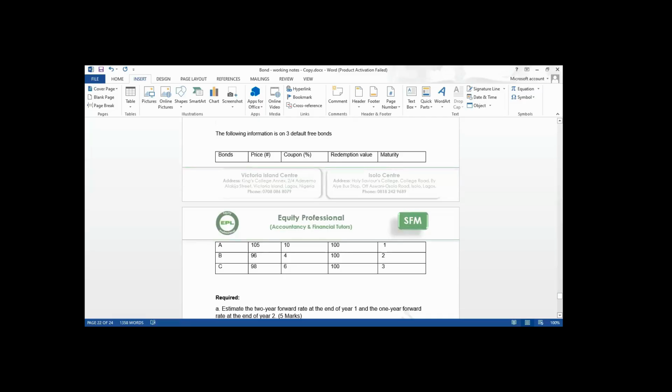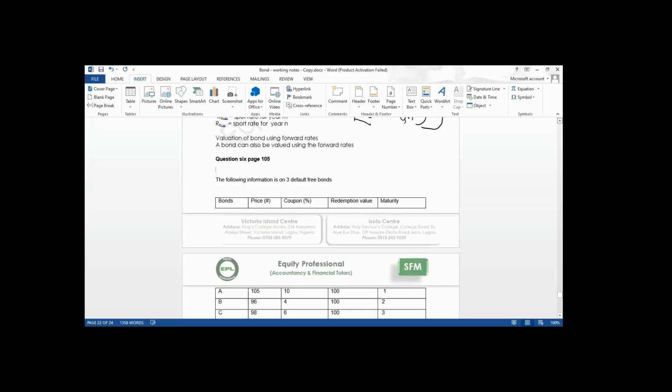You have the bond ABC. You have the price. You have the coupon rates. You have the redemption value. And you have the maturity.